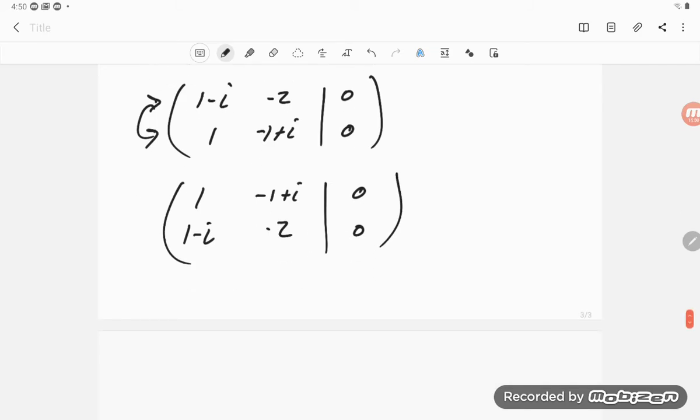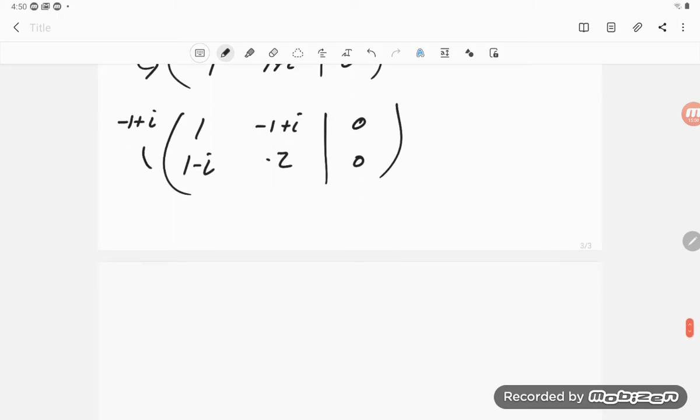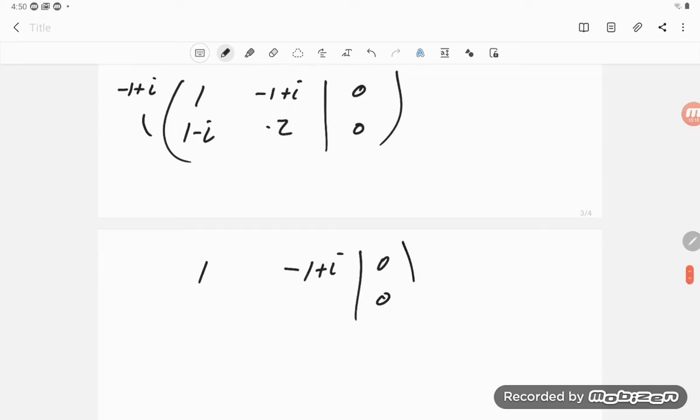Now if I take negative 1 plus i times the top row, add it to that next row, I definitely get 0 in that first spot. So I have this. Okay, so I get 0.